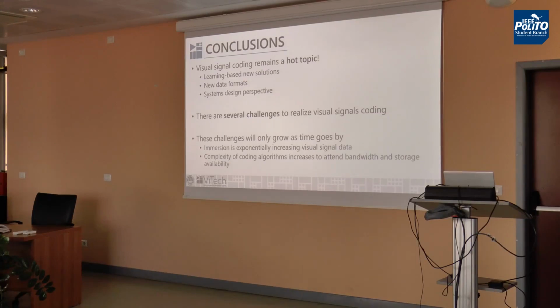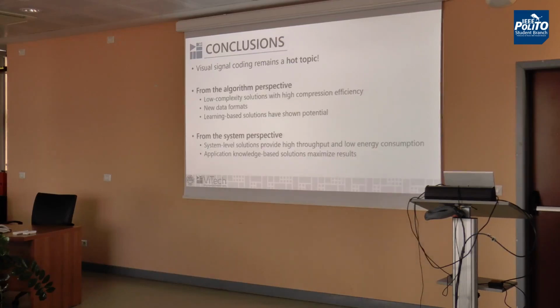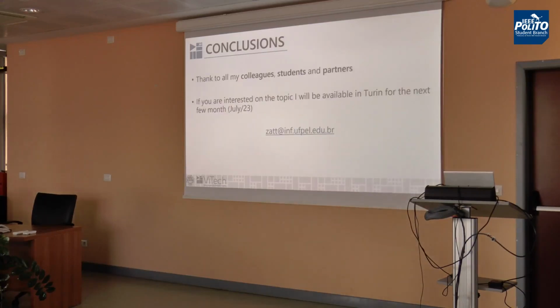To name them, it's about all the learning-based tools that people are working around, and I believe we are still seeing at least one generation of hybrid encoders, but after that we're moving directly to learning-based tools, or maybe end-to-end learning-based encoders, and this is something that we need to keep track of. New data formats, of course, and the system perspective. There are several challenges in terms of system perspective, and they grow as the data gets more complicated. So, algorithm level and also system level.